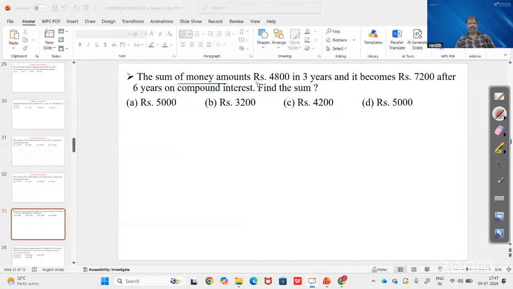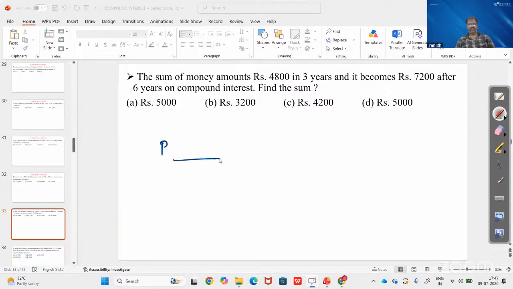The sum of money amounts to 4800 in 3 years and it becomes 7200 after 6 years at compound interest. Find the sum. So what is the answer? We don't know the principal.